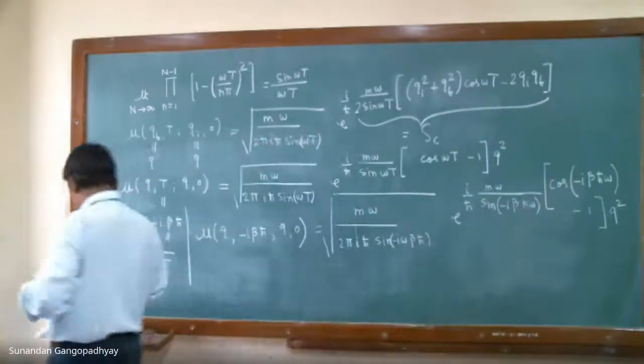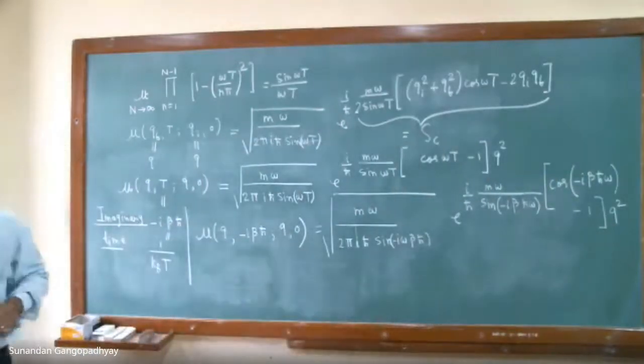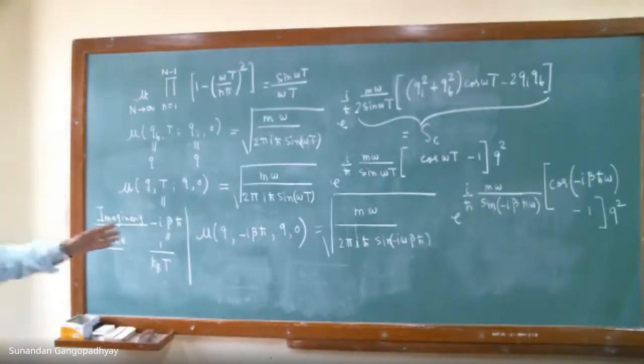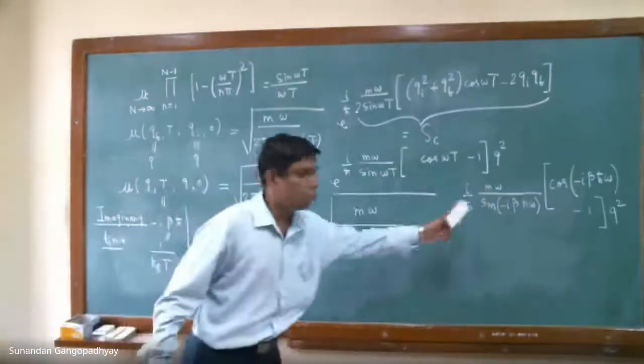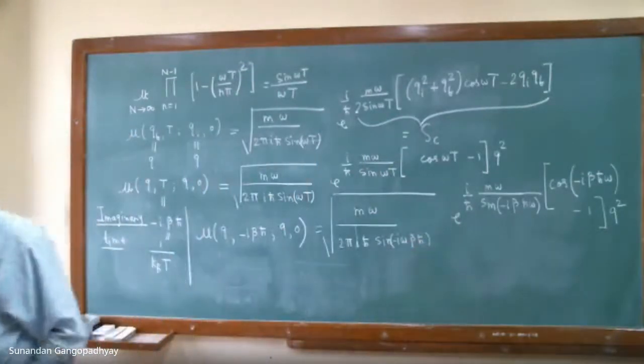This is what we have. And you can simplify this. We have done this simplification earlier. You can just go to the earlier calculation and see what we have done.